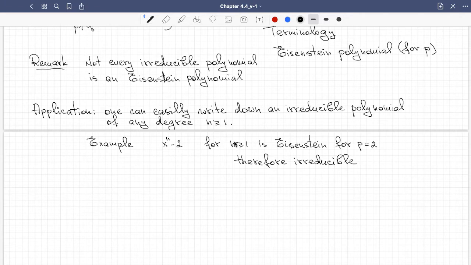Otherwise, for n bigger than 1, it is irreducible, thus has no roots. Thus, there is no rational number whose nth power is 2. That is a one-line proof of a vast generalization of the fact that root of 2 is not a rational number.